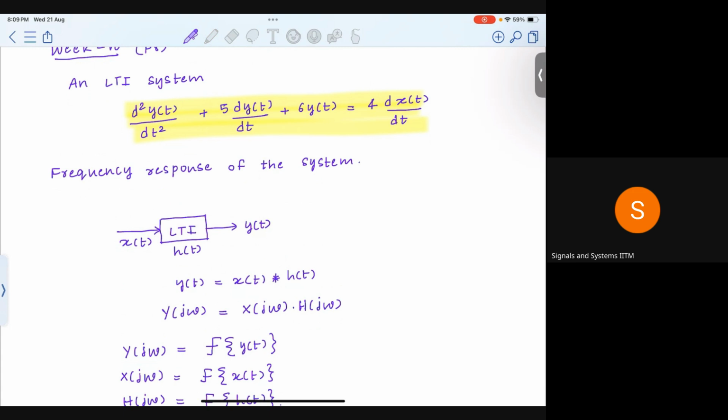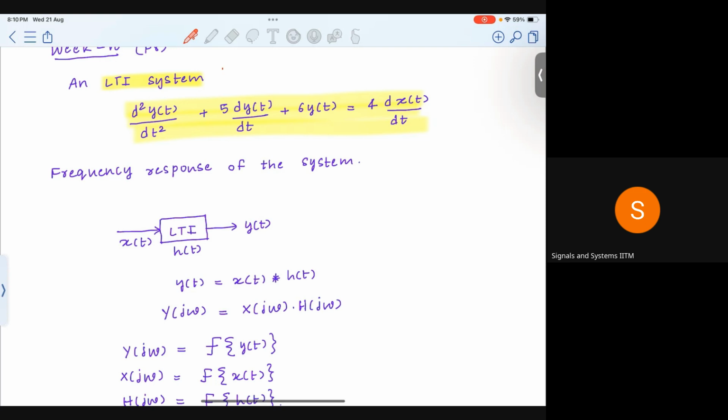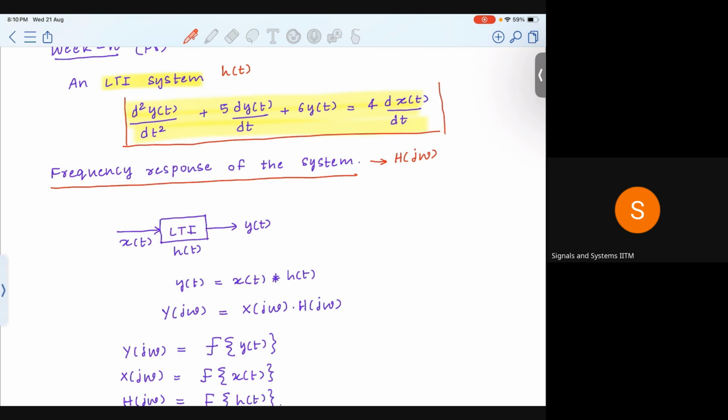The given LTI system, as we know, is defined by the impulse response h of t, and the frequency response of the LTI system is given by h of j omega. The question is asking you to find, from this input output relationship, the frequency response of the given LTI system, that is h of j omega.